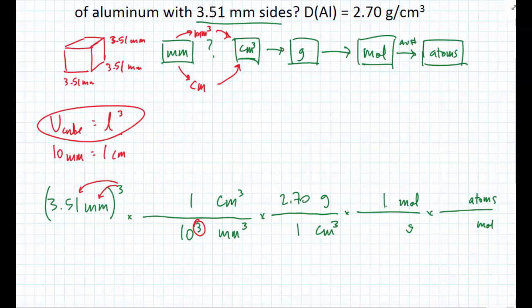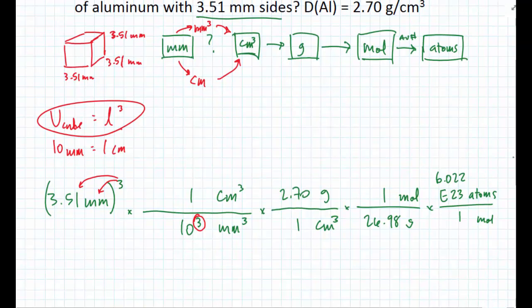What is the molar mass of aluminum? Okay. And then where does this conversion come from? Avogadro's number. Okay.